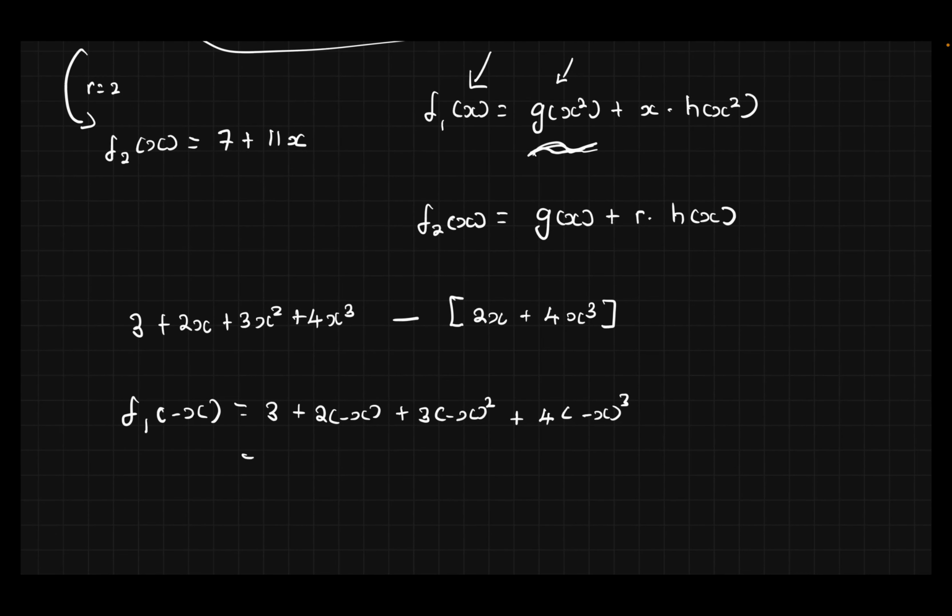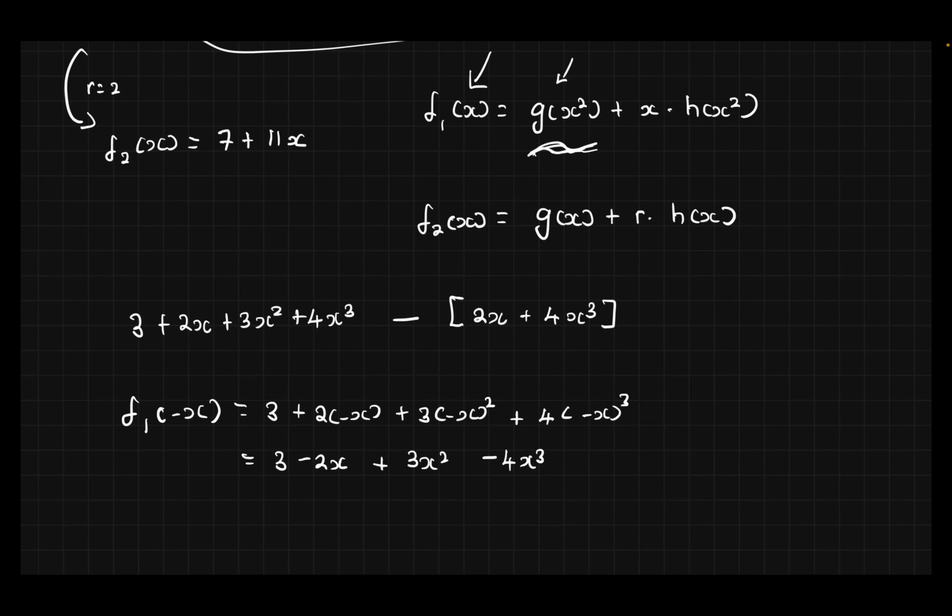So this is going to be 3 minus 2x, then plus, minus x squared is x squared, so that's still plus 3x squared. Then minus 4x cubed. What have we been able to do? The odd terms are now negative.